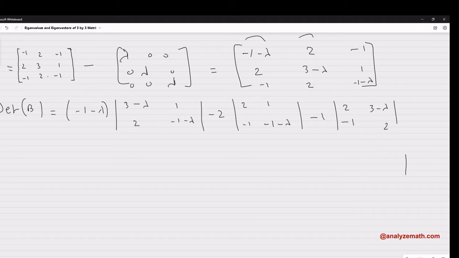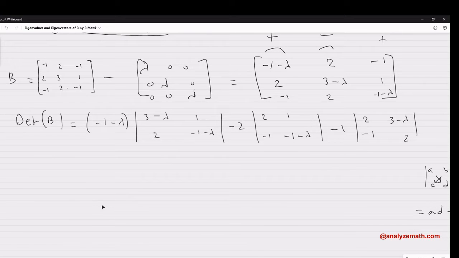The determinant of a 2 by 2 matrix A, B, C, D is given by AD minus BC. So let's go and apply it here. So the determinant is equal to negative 1 minus lambda, all right, now multiply by negative 2.